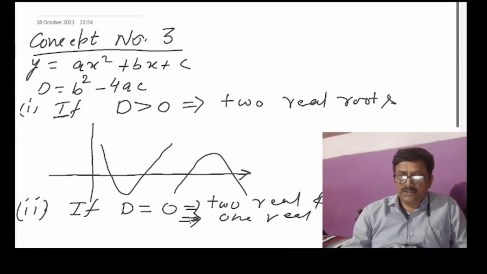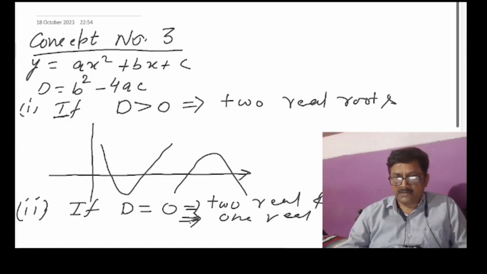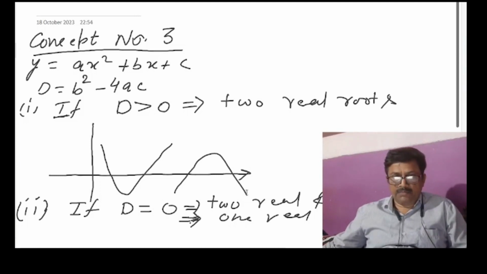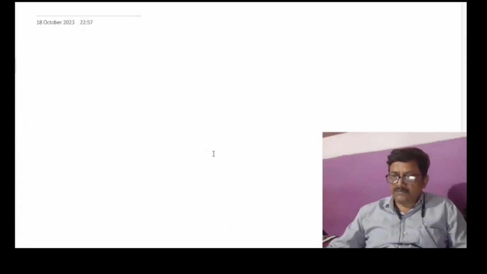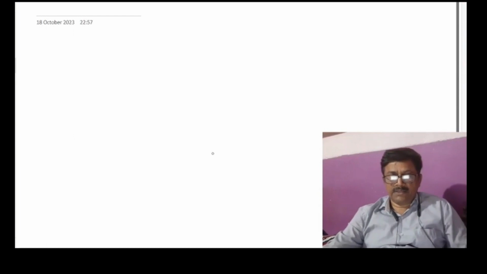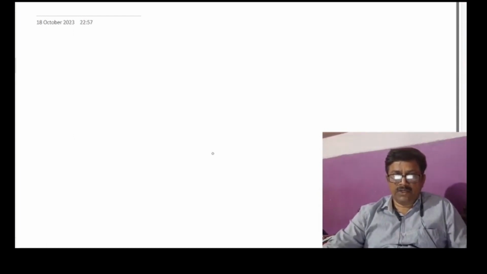So what does it mean? It means there is only one value of x for which this quadratic will be 0. Correct? Okay. So I am again taking a new page. As we know, the discriminant is 0, so there will be only one value of x for which y will be 0. Now I will plot the graph.